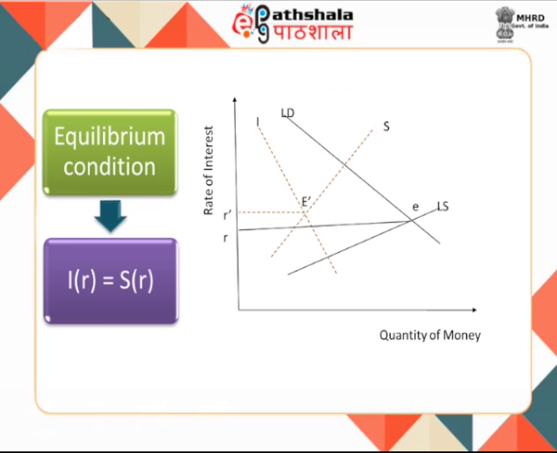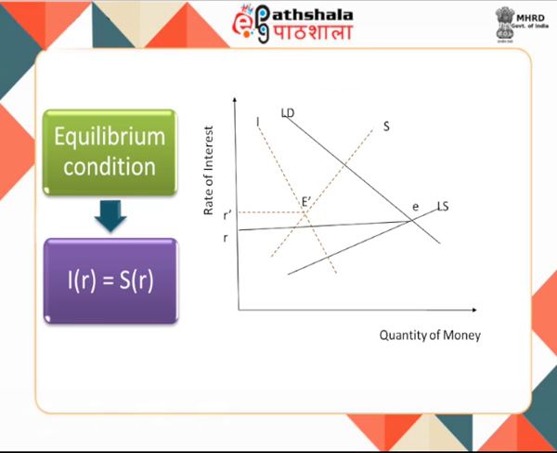The horizontal distance between the LS and S lines represents the sum of DH and delta M. This distance is shown to increase with an increase in the rate of interest because delta M is taken as exogenously given and DH is hypothesized as an increasing function of the rate of interest.